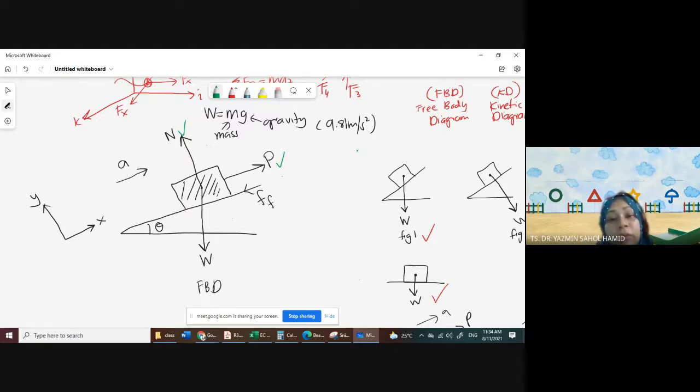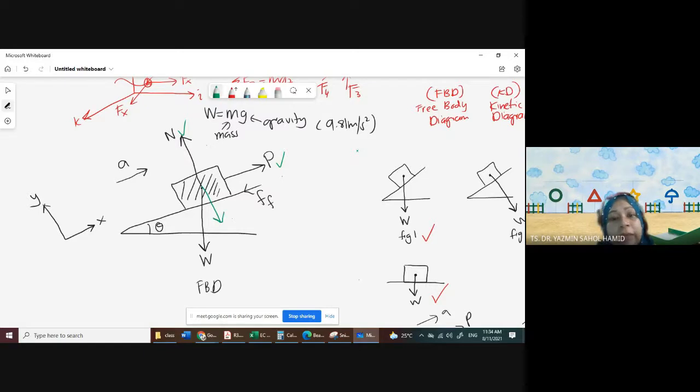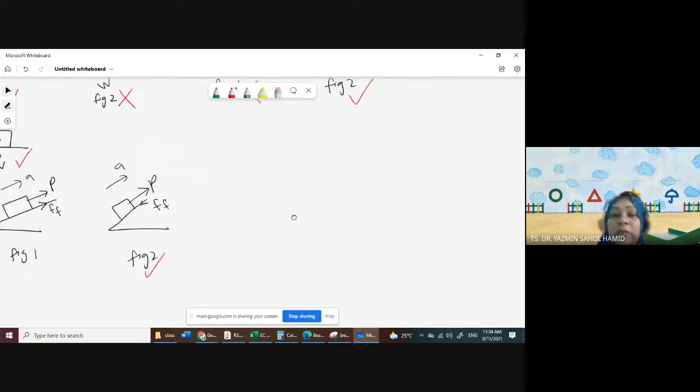So what does it mean? You need to resolve. If you resolve, you need to resolve in X and Y. But how you resolve, the direction must follow the direction of W. For example, if W is pointing like this, the resolved components should be like that. How should it be resolved? Like that.